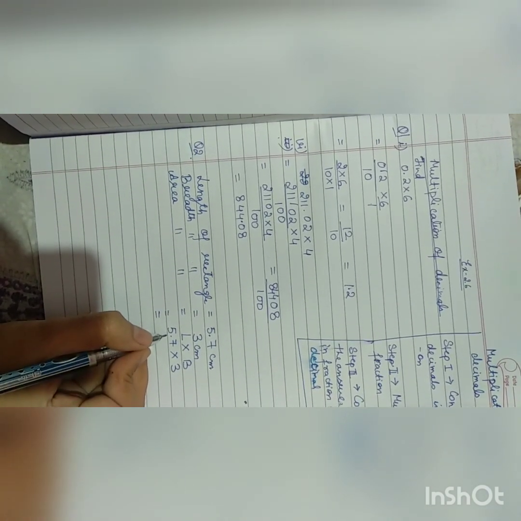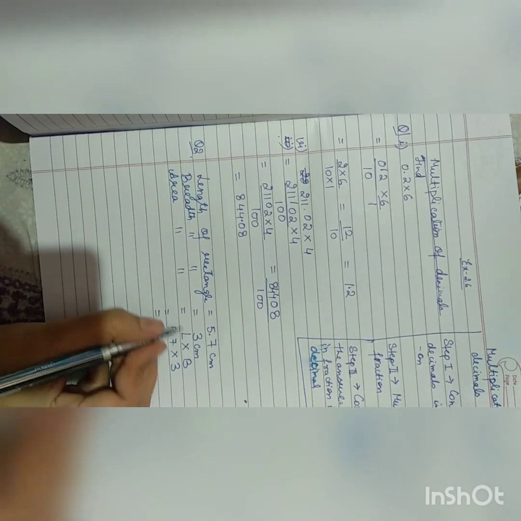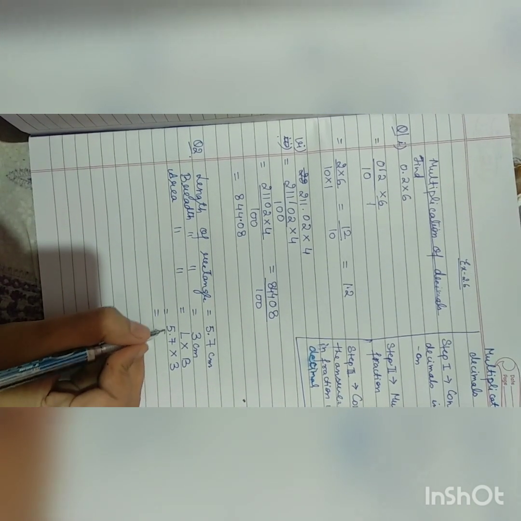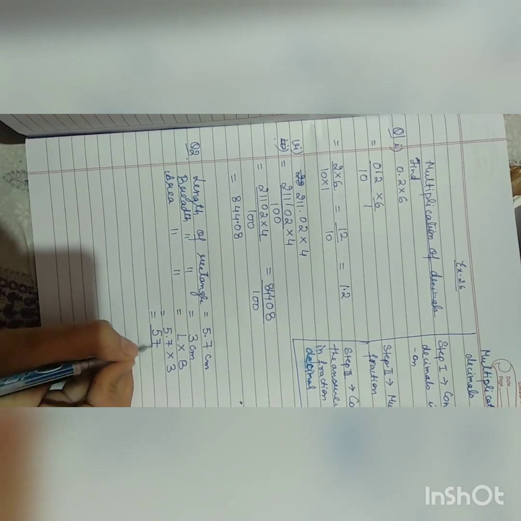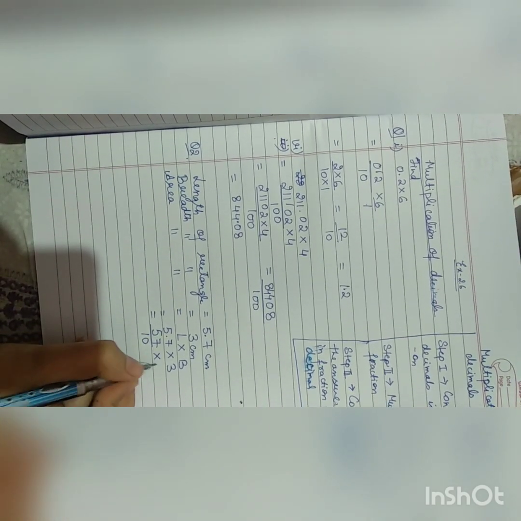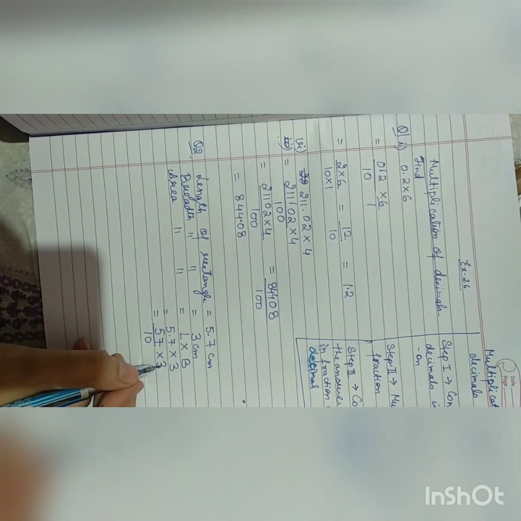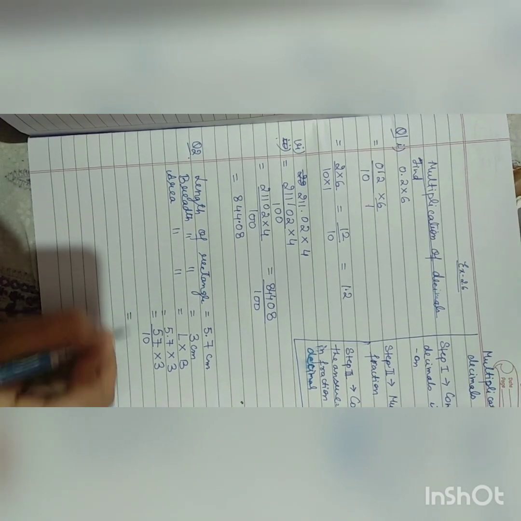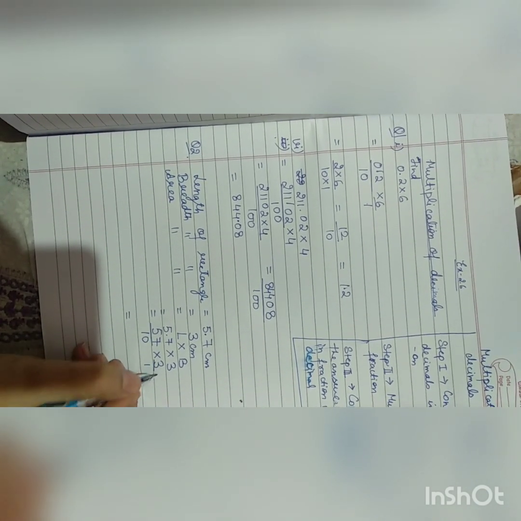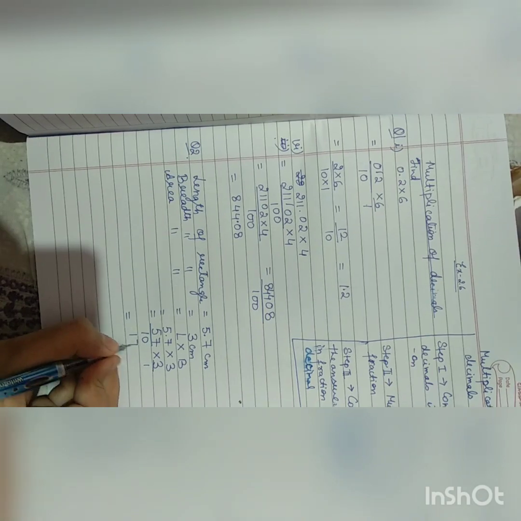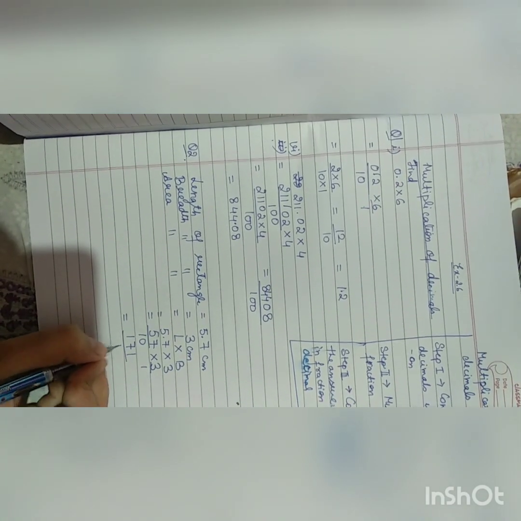So we will multiply. Same thing, we will convert this decimal into a fraction. So it will become 57 by 10 into 3. Now we will multiply numerator with the numerator and denominator with the denominator. So 57 into 3 is 171 by 10.